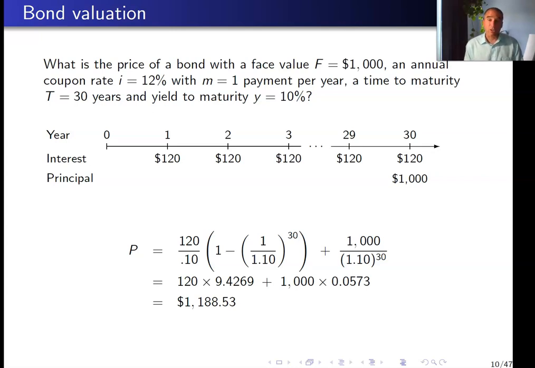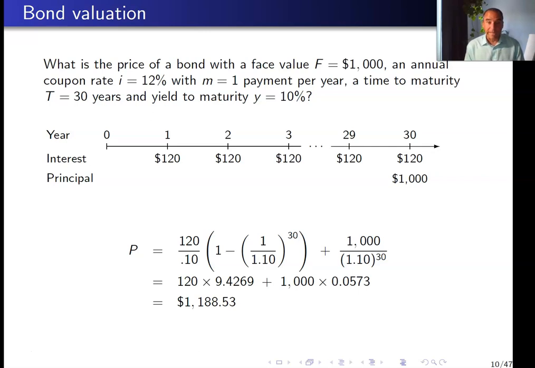Because someone buying this bond for $1,000 would realize a return of 12% over the life of the bond. And the market at this time offers 10%. So if there's one bond offering a 12% return and all other bonds with similar risk characteristics only offer 10%, all bond investors will jump on this specific bond.